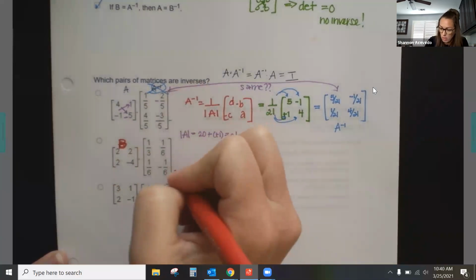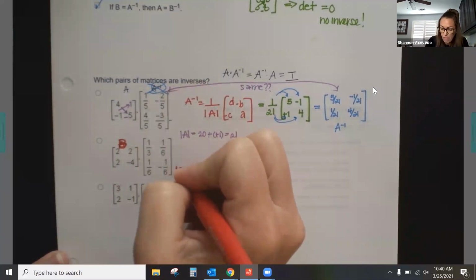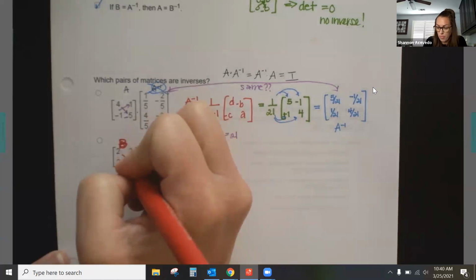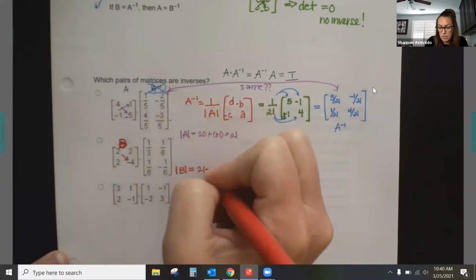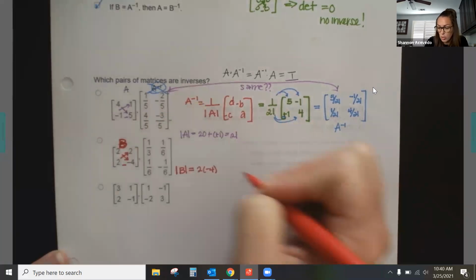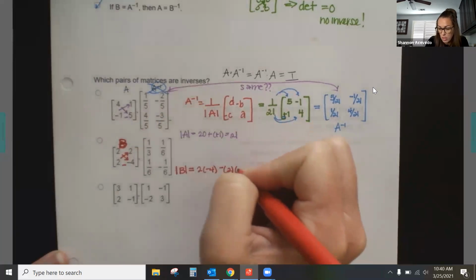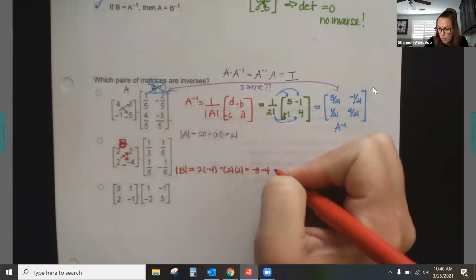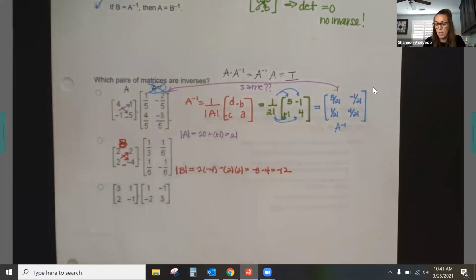So I want to find the determinant of B. It's going to be 2 times a -4 minus 2 times my 2, and that's going to give me -8 minus 4, which is a -12.